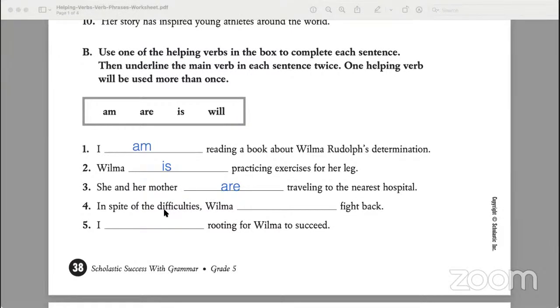In spite of the difficulties, Wilma will fight back. Well done. And the last one. I am rooting for Wilma to succeed. Good. Well done.